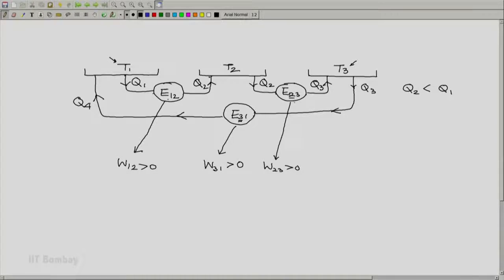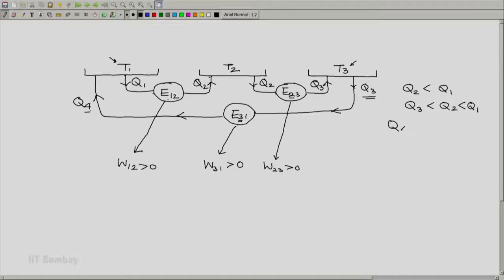Again, E23 is an engine, so W23 is positive, so we should have Q3 less than Q2, which in turn is less than Q1. So Q3 is less than Q1. Then E31 has an output W31 which is also positive, so you must have Q4 less than Q3.